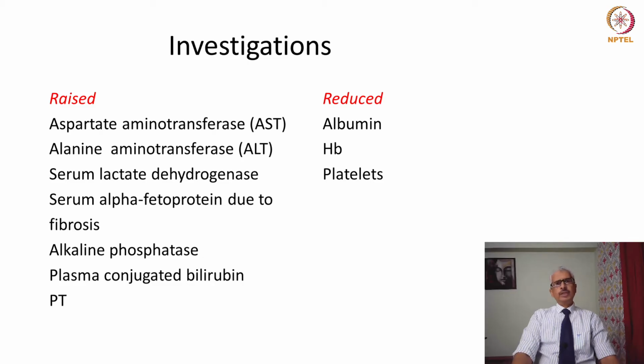Now when we do the labs, we see raised AST, ALT, serum lactate dehydrogenase, serum alpha fetoprotein, alkaline phosphatase, plasma conjugated bilirubin, and raised prothrombin time. On the other hand, the albumin, hemoglobin, and platelets are usually reduced.